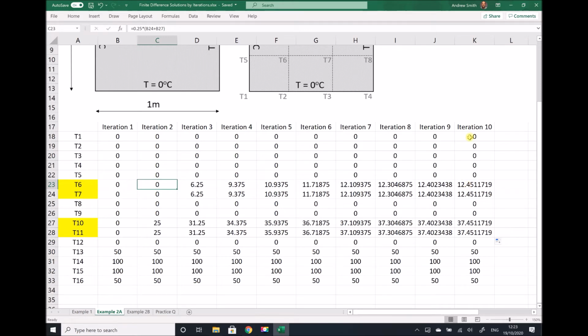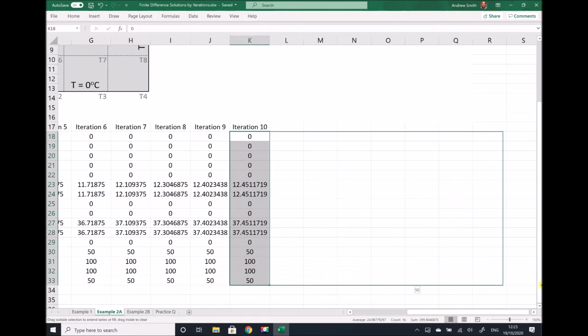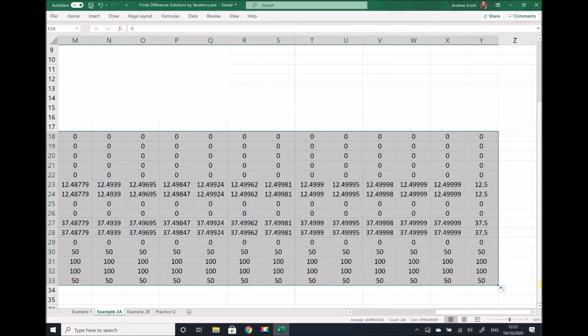If we're not entirely happy that we've reached a converged solution, what we can do is copy our cells along a little bit further. So 11, 12, 13, 14, 15 iterations, however many we deem to be necessary. And what we can see is that the temperatures T6 and T7 are converging at 12.5, and the temperatures T10 and T11 are converging at 37.5.